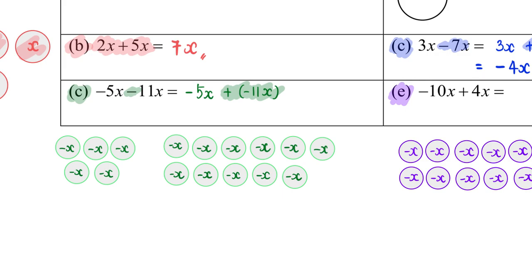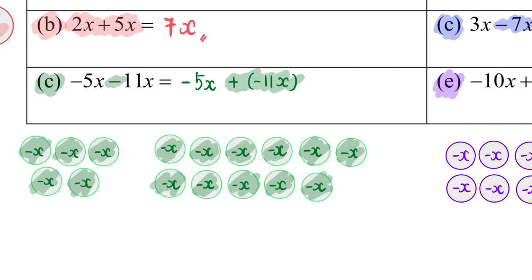So we just need to count negative 1, negative 2, negative 3, negative 4, negative 5, negative 6, negative 7, negative 8, negative 9, negative 10, negative 11, negative 12, negative 13, negative 14, negative 15, and negative 16. So altogether we have negative 16x.